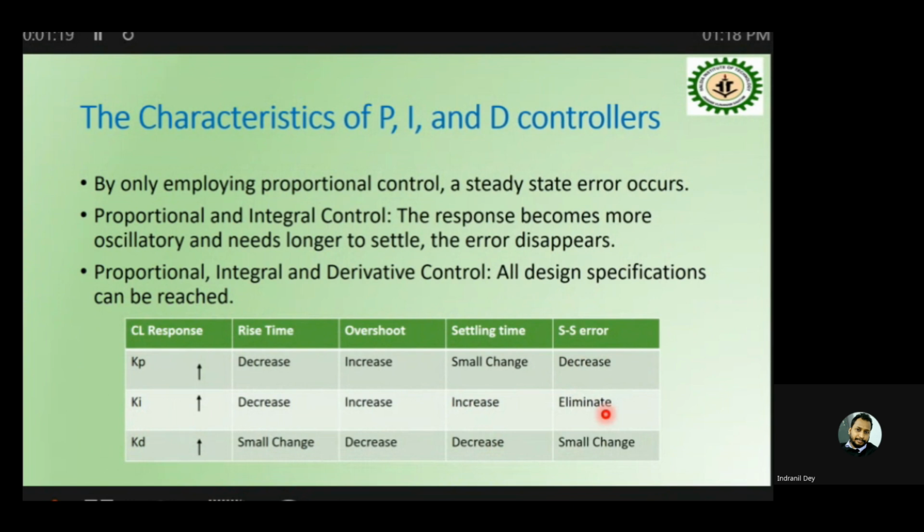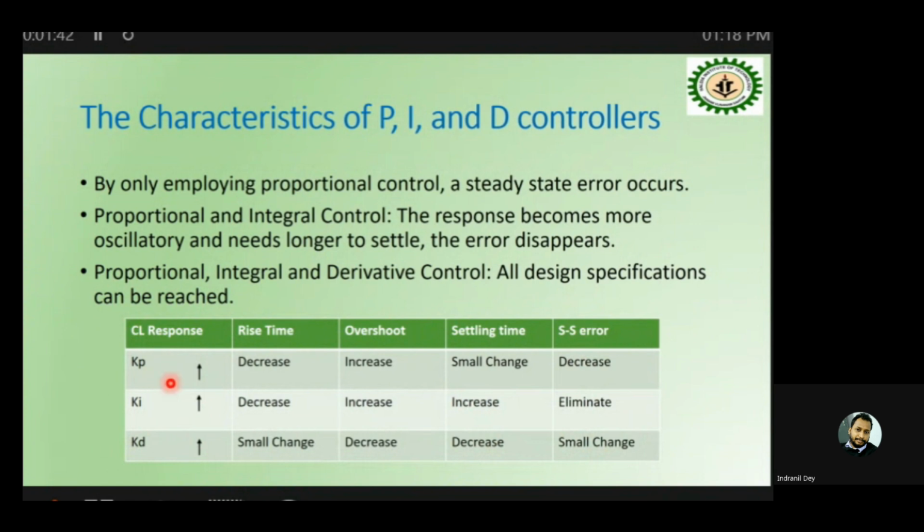And these things happen for Kd also. If you increase the Kd, there is very little change in the process output in terms of steady state error. So these are the effects of all three controllers of the PID controller.